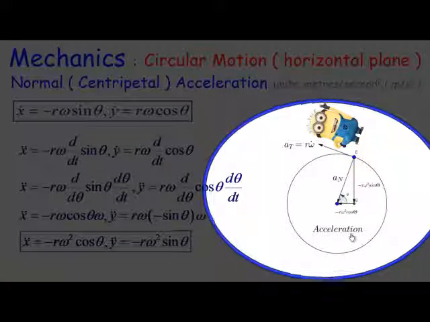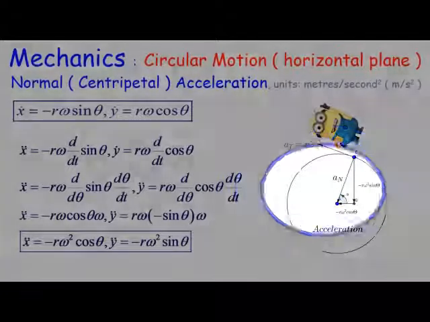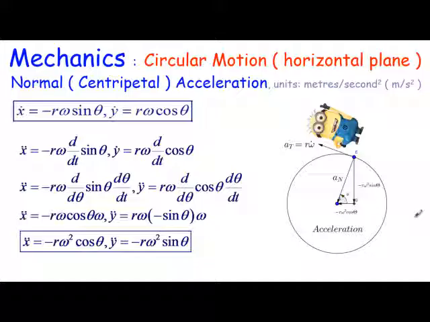You can see I've got the vector directions over here in the acceleration. These components on the diagram are the x and y components of the acceleration, and obviously these will be for uniform circular motion, because you might remember we assumed that omega was constant.